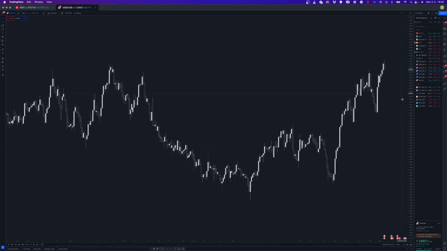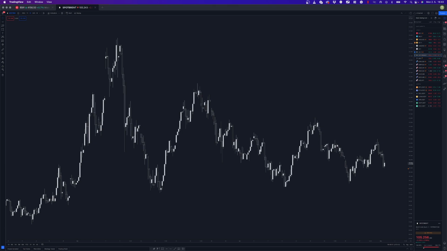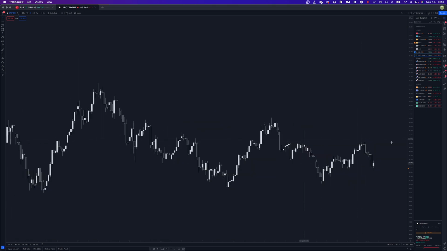So the second type of execution is obviously on this example on Brent crude oil. You are taking an H4 failed swing trade. You are required to watch this more closely in real time, although it's a 4-hour time frame, so you still have plenty of time.